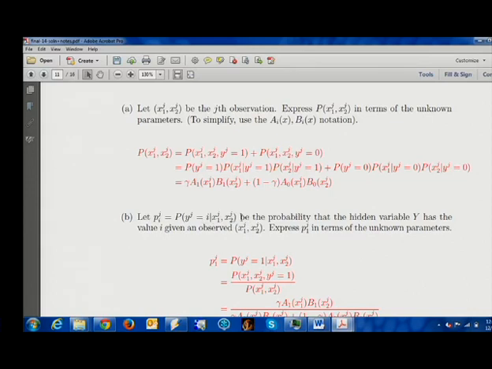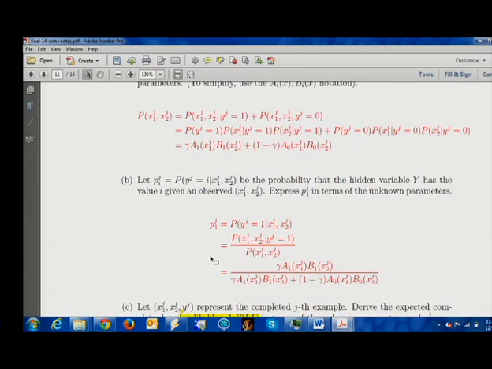For each example, I want to know the probability, once I observed x1, x2, that the label is i. Here i ranges from cat to dog. So that's the probability that the hidden variable y has the value i, given the observation.